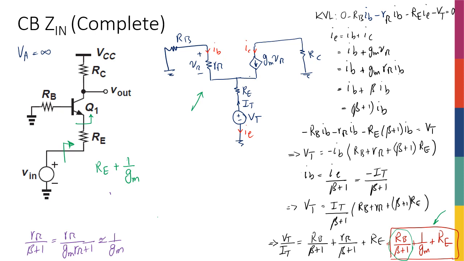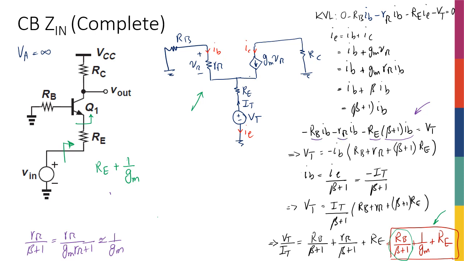And you can actually see it here. When we were writing these KVLs, you can see that the RE, the resistor in the emitter, is multiplied by a current that is beta plus 1 times bigger than the current in the resistors in the base, right?